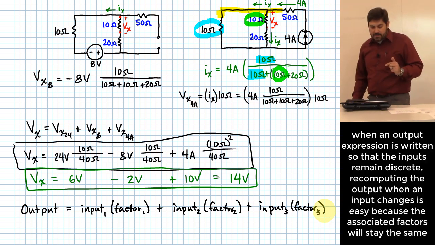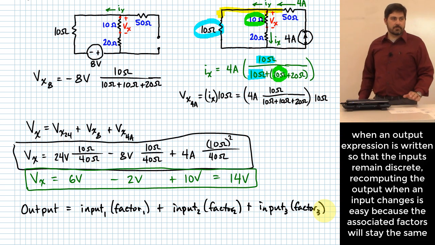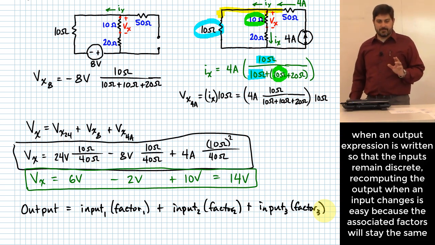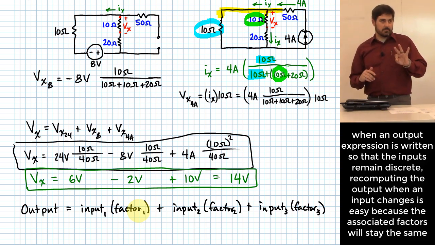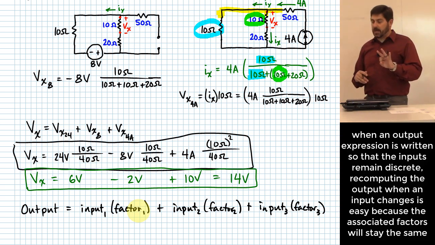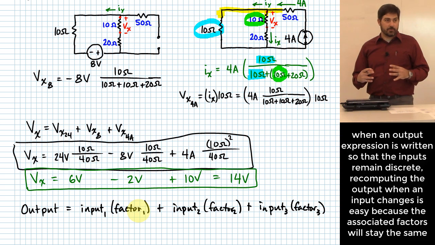Now, what happens if I change one of those inputs? It will only change the output based on how that input changes that one term. But you know what doesn't change if you change your inputs? Factors 1, 2, and 3 don't change. So this is something that actually makes superposition fairly powerful because it allows you to do some what-ifs, right?